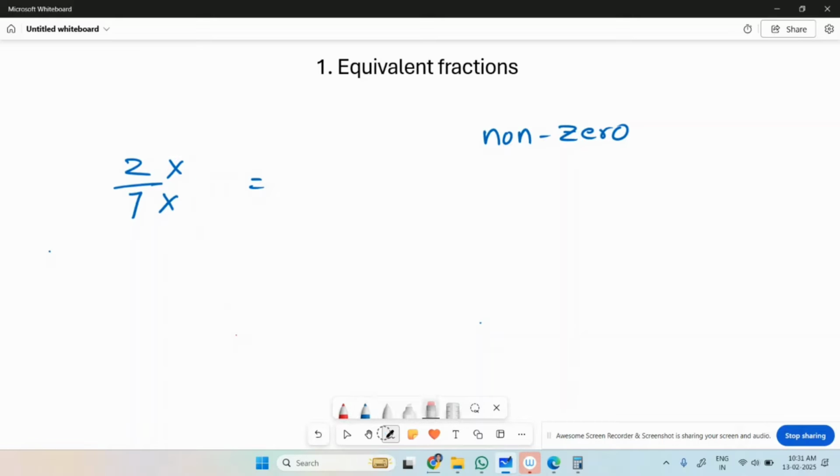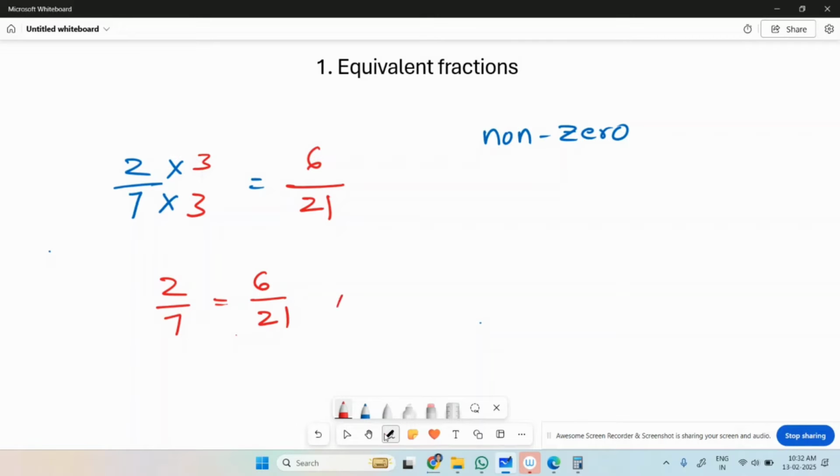Let's take the same number as 3. So 2 times 3 is 6, 7 times 3 is 21. So the equivalent fraction of 2 upon 7 is 6 upon 21.